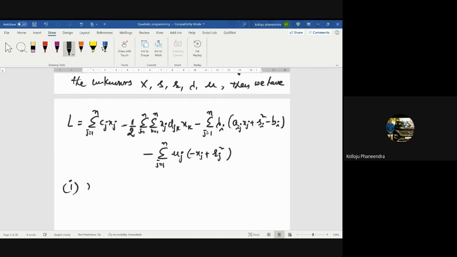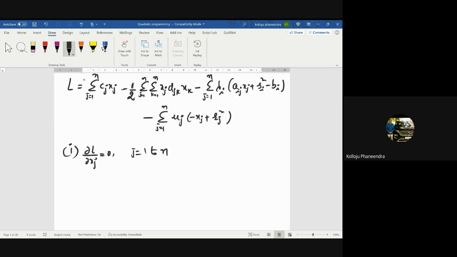Now, the first condition, dou L by dou xj equal to 0, j equal to 1 to n. What does it give? Next line I'm writing. With respect to xj, what is its coefficient? cj. Just write cj minus; the 1 by 2 will not be there. Why? Because this is in terms of a square, a quadratic form. So 2 into something will be there, and that 2 cancels this 1 by 2.